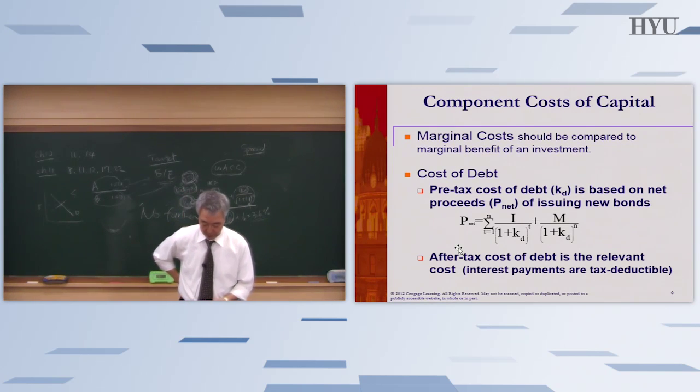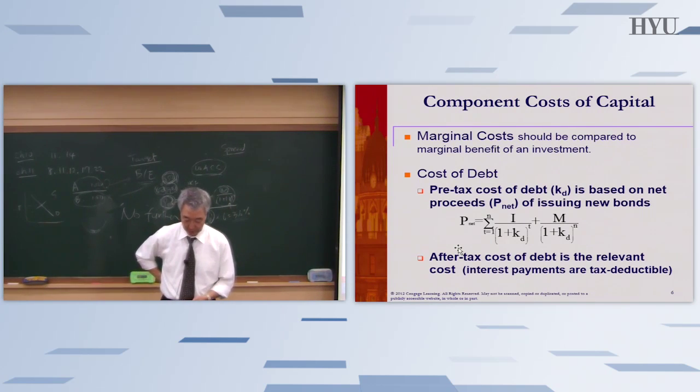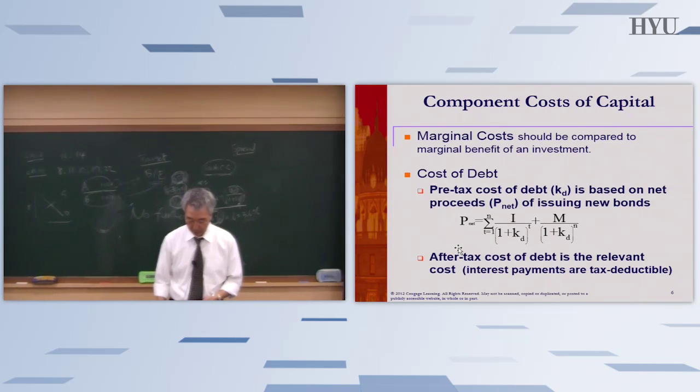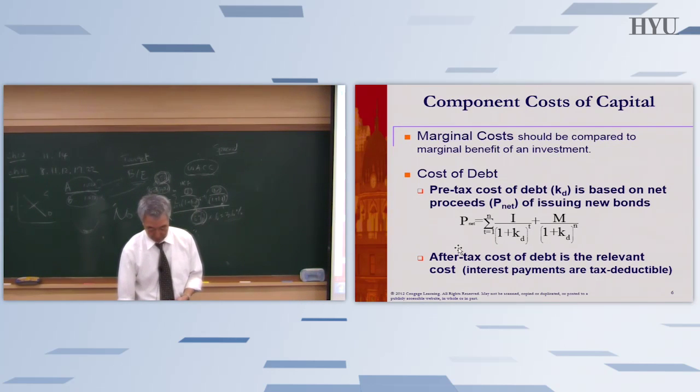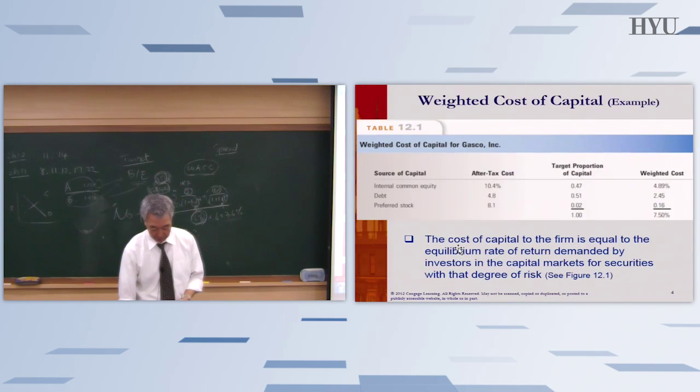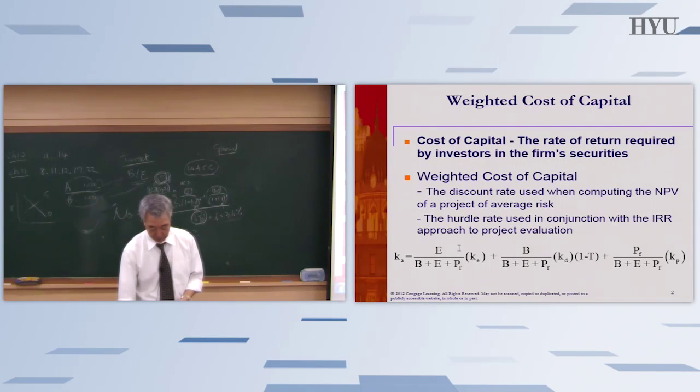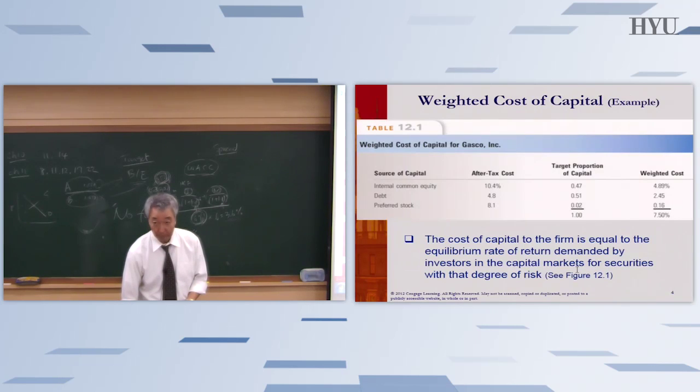After-tax cost of debt is the relevant cost. So as far as cost of debt is involved, right, because the interest payments on debt is tax deductible, once you calculate KD, you have to multiply 1 minus T to calculate the after-tax cost of debt.